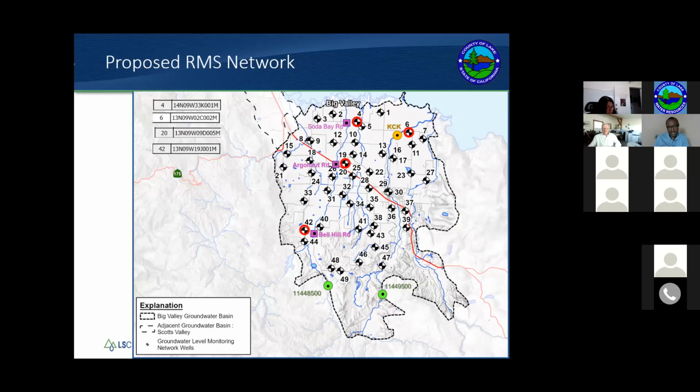The next step is to define how we're going to monitor. As I mentioned, there are 2 options. Either we have a gauge with a well close by, so you can see what's happening in the creek and what's happening in the groundwater wells. If there is truly no connectivity, then that monitoring is beside the point, because there is nothing to monitor for.